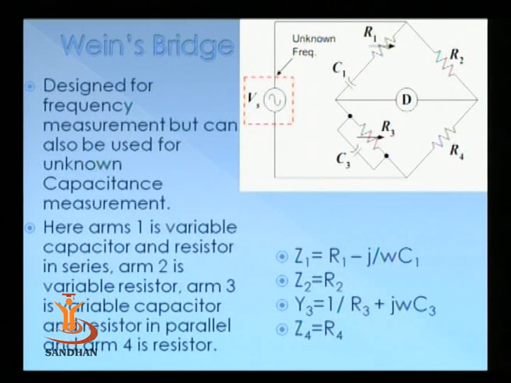These expressions can be placed in the same balance condition, and this will yield the value of frequency, because it is ultimately designed for that. If instead of unknown frequency we have a known frequency of excitation, we can take any of the arms to be unknown, and then we can measure that unknown impedance.